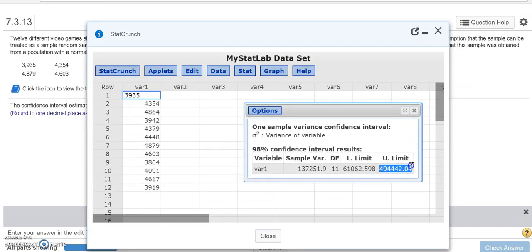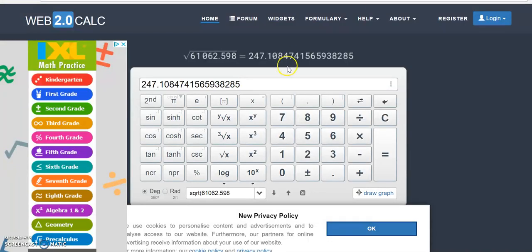And then for the upper limit, let's check that. We're going to copy the upper limit, and we're going to go to the calculator. Let's clear that. And I want the square root of that number. So 703 point, now I'm going to have to round this up to 2 because the digit that comes after it is a 6.